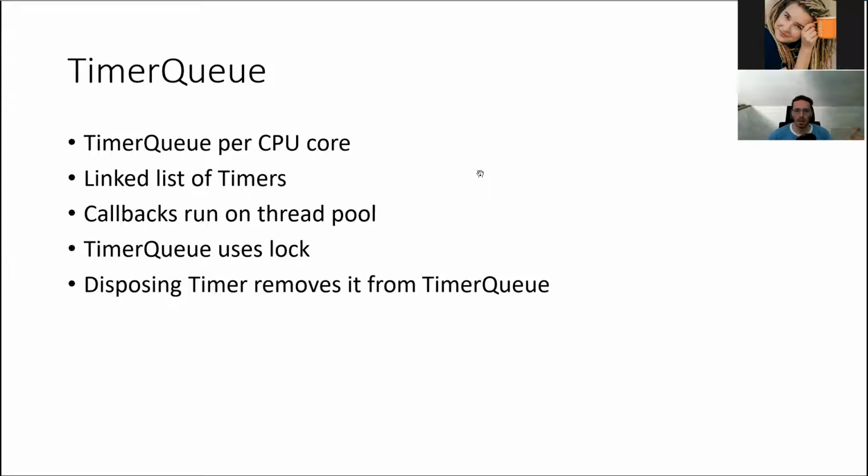The problem is that the timer queue uses a lock whenever it's manipulating this linked list. If you dispose the timer, it removes it from the timer queue. If you don't, it will stay there. It might not be ticking, but it will stay there basically forever. Well, the garbage collector will solve it eventually, but it will stay there for longer than necessary.